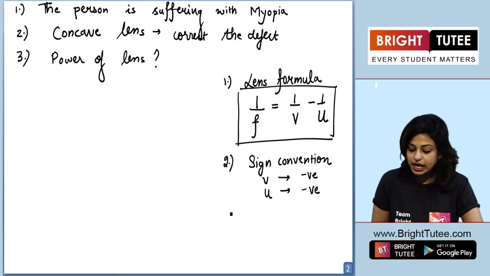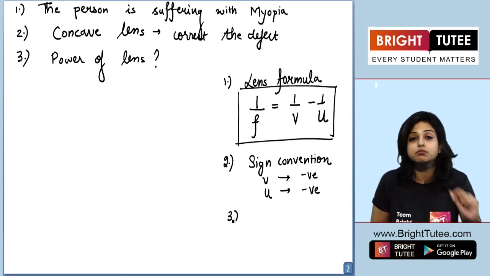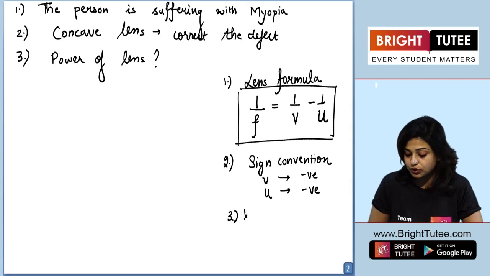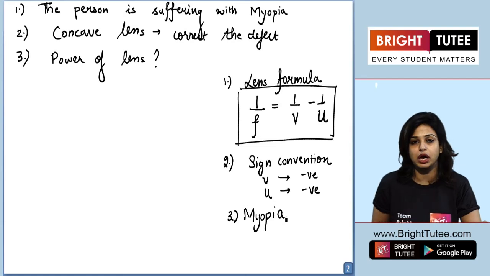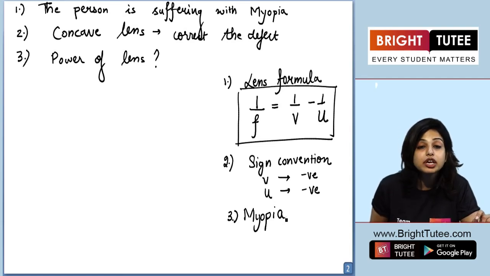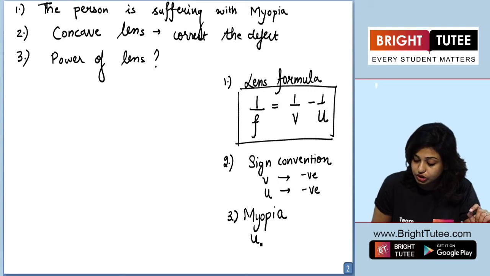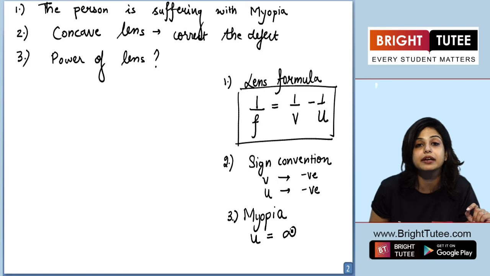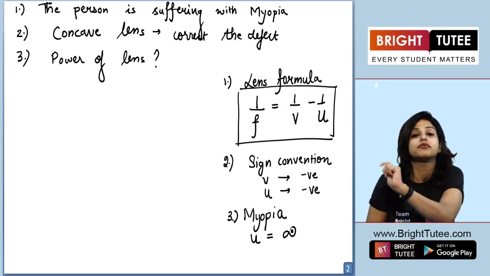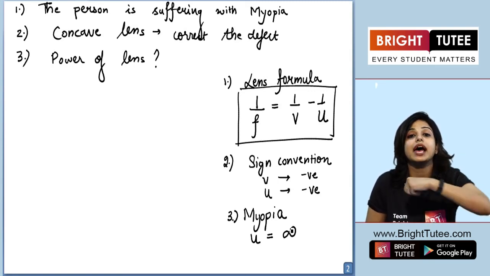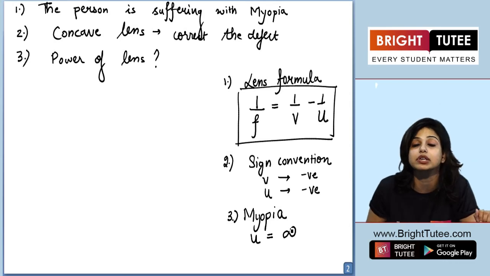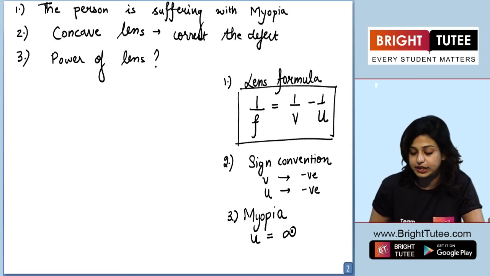Right? Then comes the third and the most important thing that we have to remember for a person suffering with myopia. For a person suffering with myopia, students, you have to remember the u is given as infinity. That means the distance of the object is always taken as the extreme point that we can see, and that is infinity.